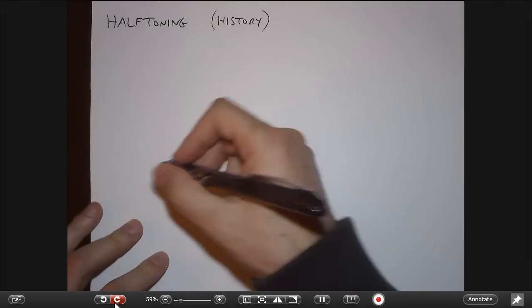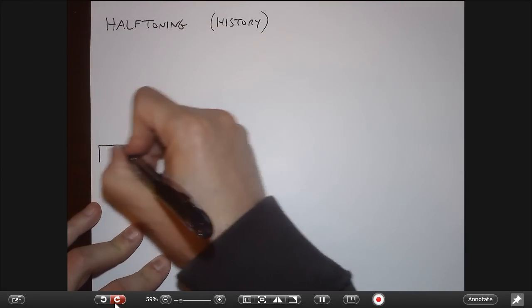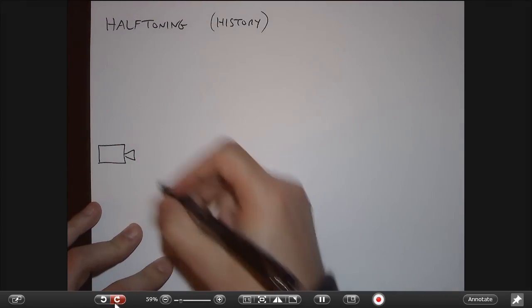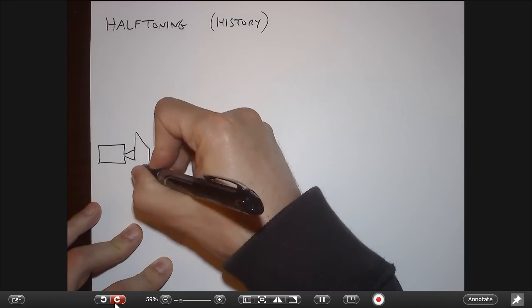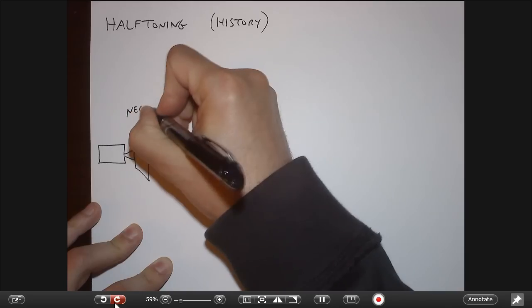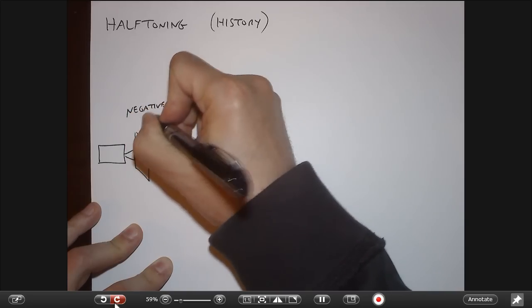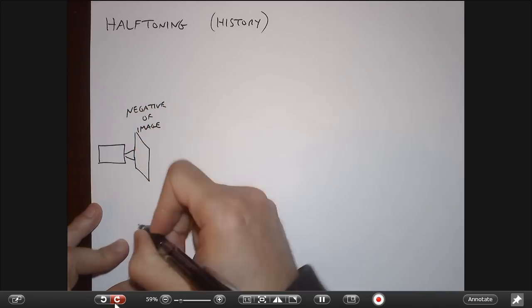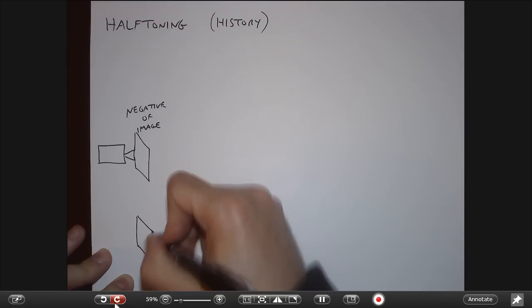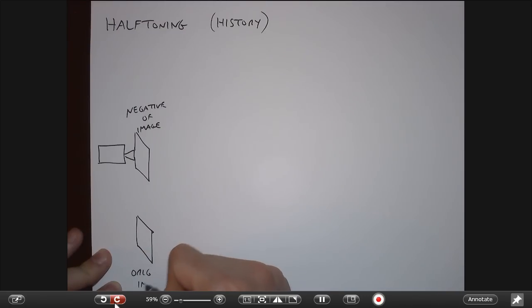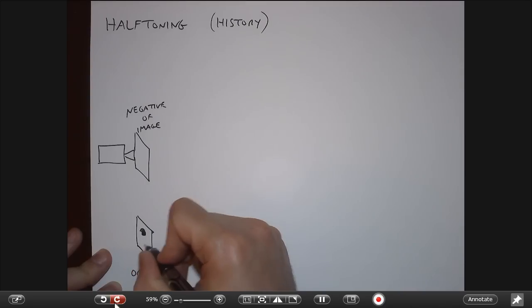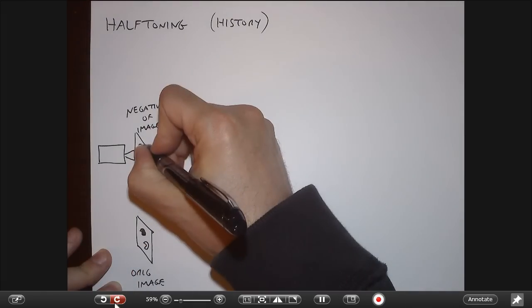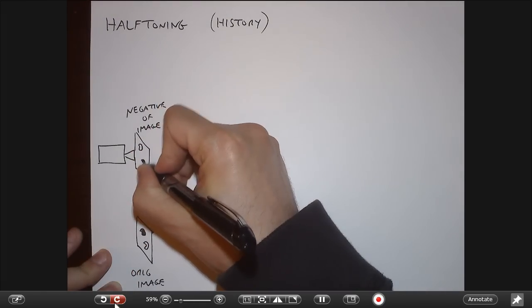The idea is that I would take a projector, and through the projector, I would send the negative of the image. So if this is my original image, maybe it has a black splotch here and a white splotch here, that would mean that things would be reversed over here in the negative of the image.